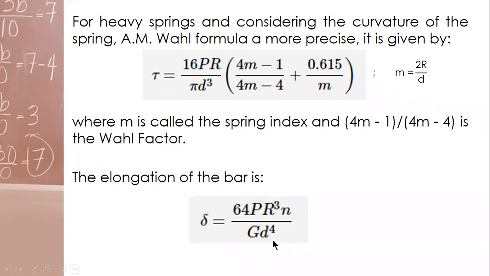Same ra sa elongation: diameter given, modulus of rigidity property given, and number of turns given, and then R, mean radius given. P ra gyapon. If you can solve for P, then makuha dayon nimo ang delta. Inana ra kasayon ang deformable bodies.